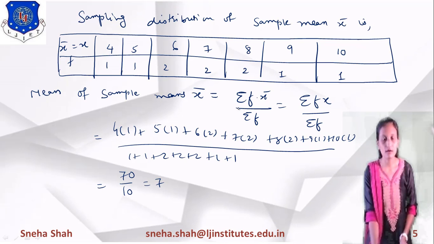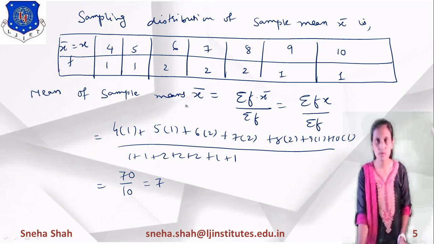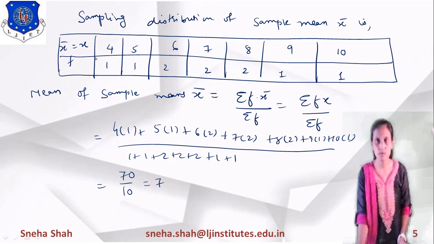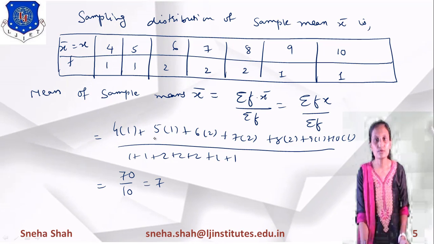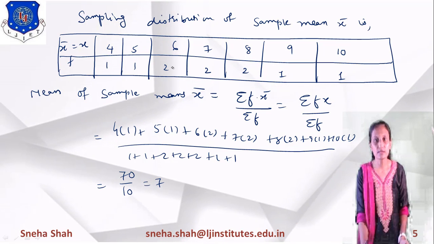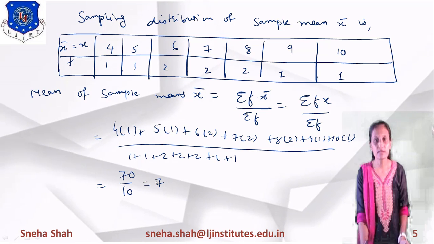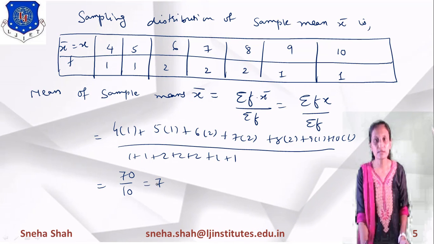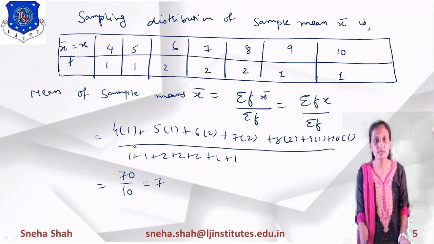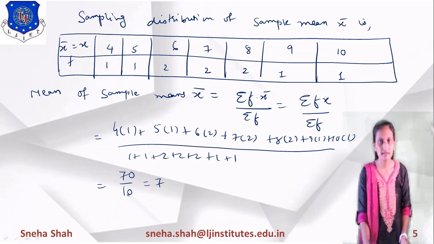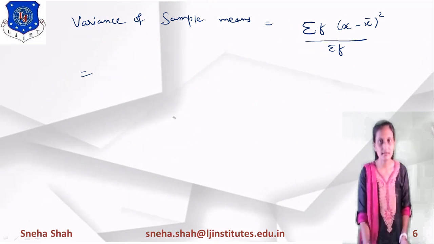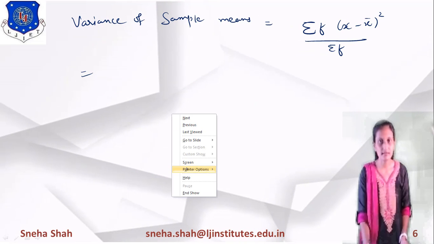As you know, x bar is 7. And what is the value of x? X equals 4. So 4 minus 7 means minus 3, 5 minus 7 means minus 2, 6 minus 7 means minus 1. Likewise, I will find each and every term. And in the denominator, what is the value of summation f? Summation f equals 10, right?